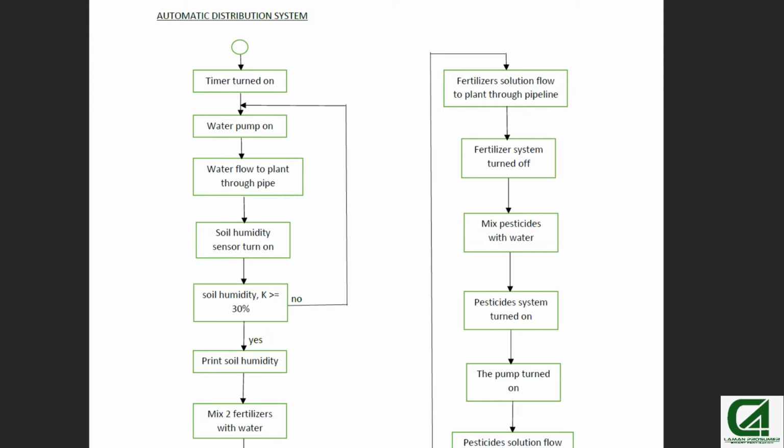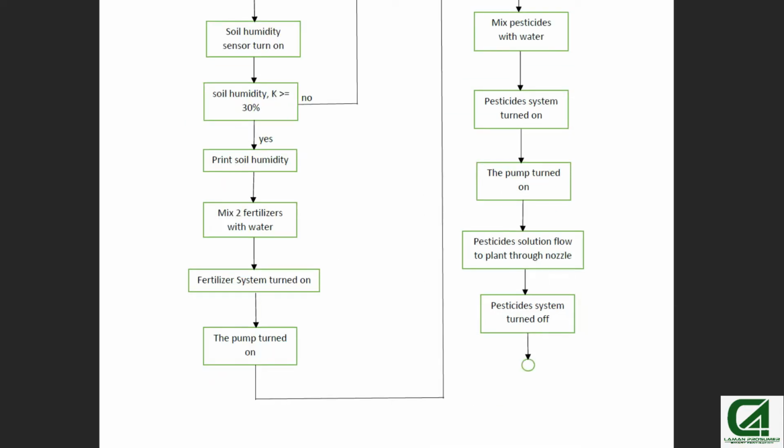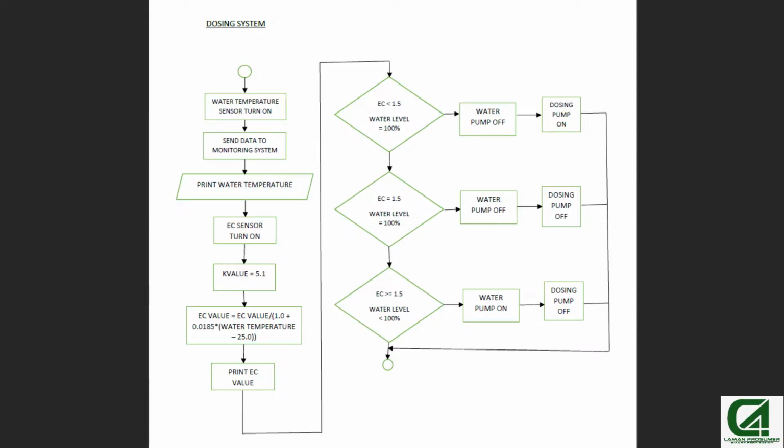Then the fertilizer system turns on. The pump turns on. Fertilizer solution flows to the plants through the pipeline. And then the fertilizer system turns off. After that, mix pesticide with water. The pesticide system turns on. The pump turns on. Pesticide solution flows to the plants through the nozzle. The pesticide system turns off.